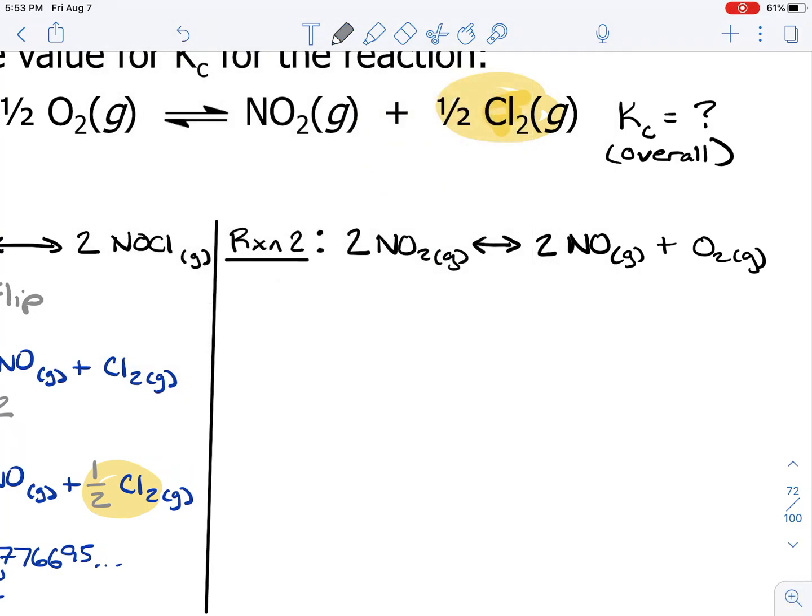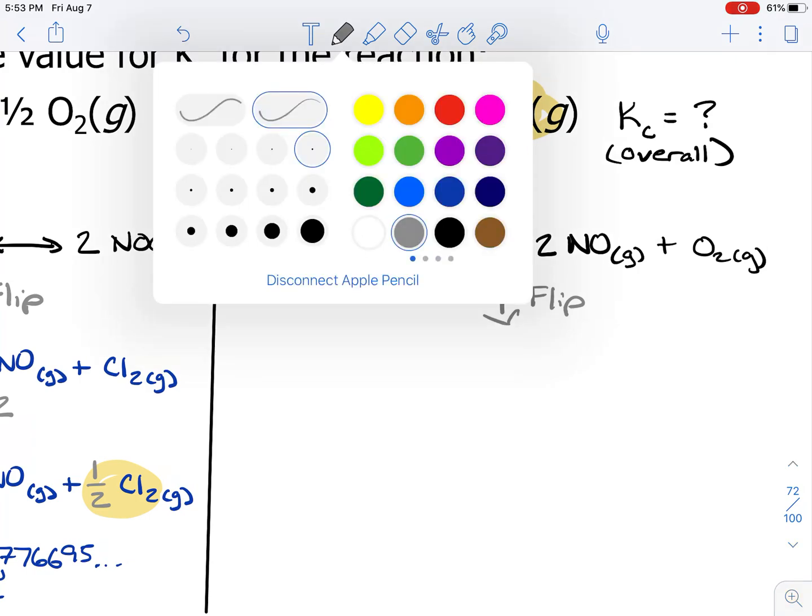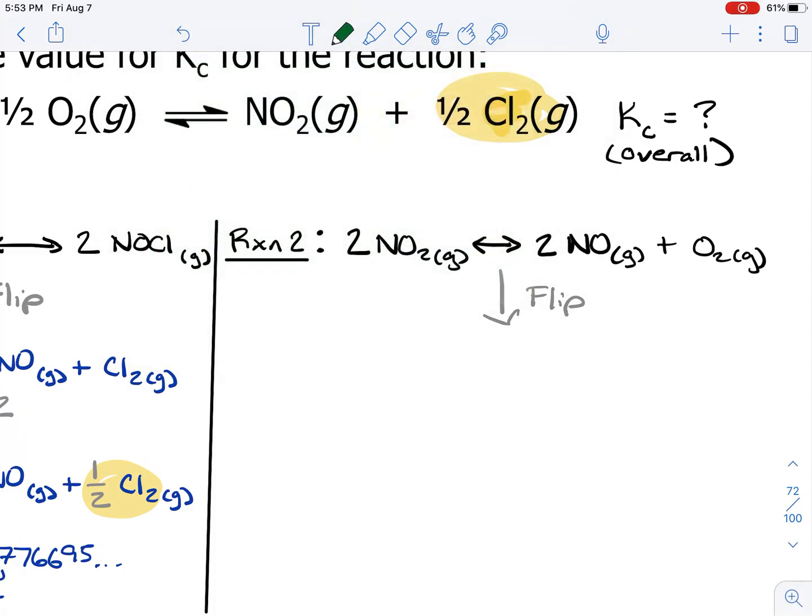All right, and so my first manipulation is that I'm going to flip this chemical equation. I'll go ahead and write this one in green. And so if I flip this equation, I have 2NO gas state plus O2 gas state to produce 2NO2.